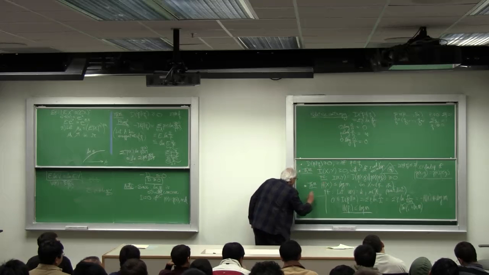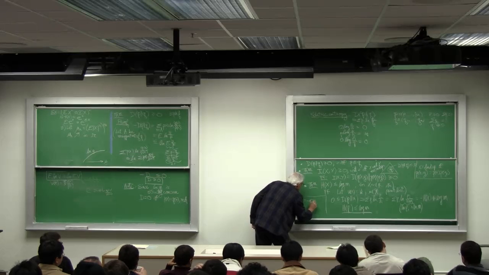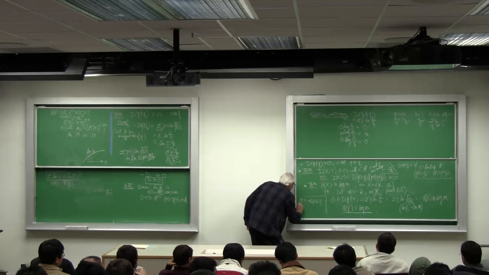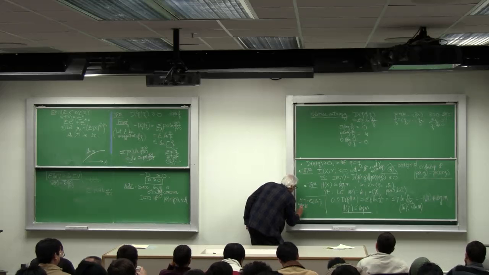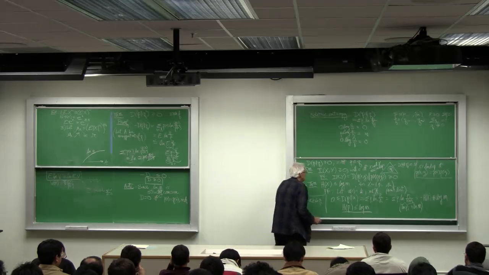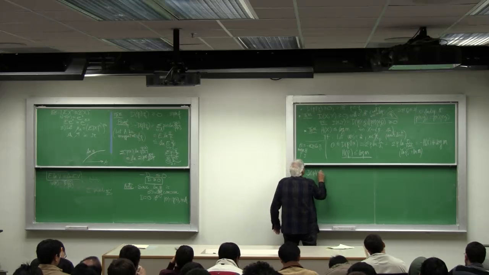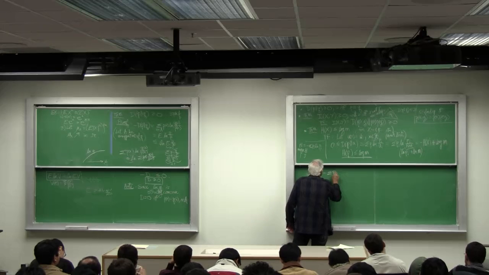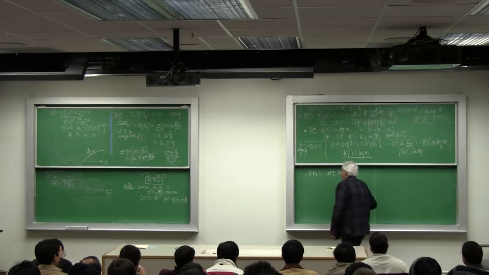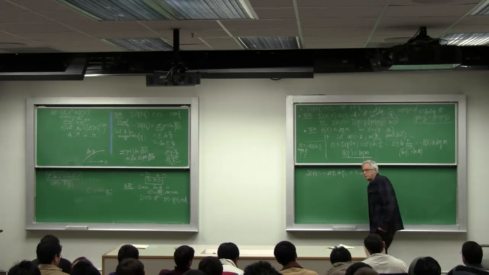So H is minus summation Pi log Pi. Now you want to maximize H over P. So you form the functional J of P as minus summation Pi log Pi plus the Lagrange multiplier lambda times summation Pi, because the P's have to sum to 1.